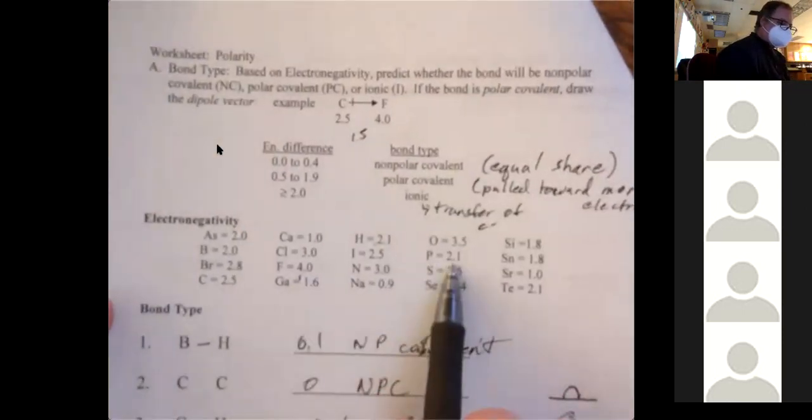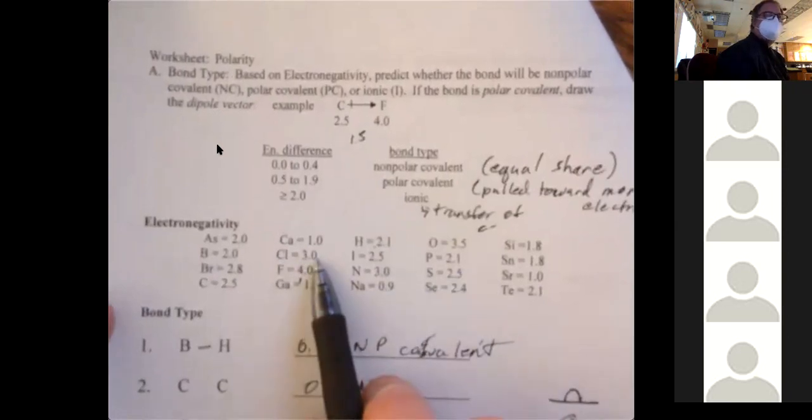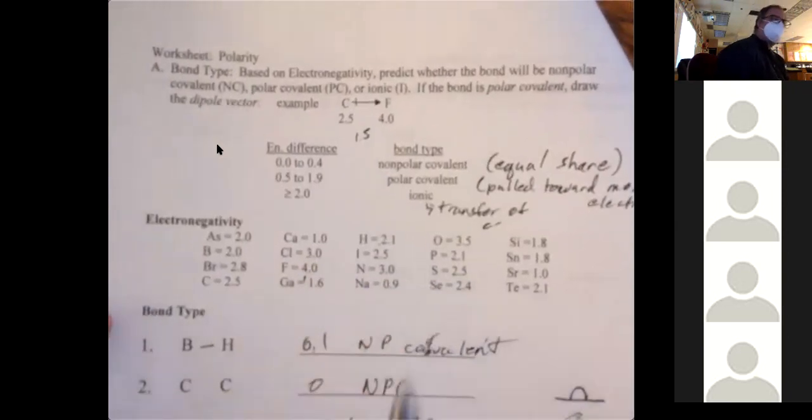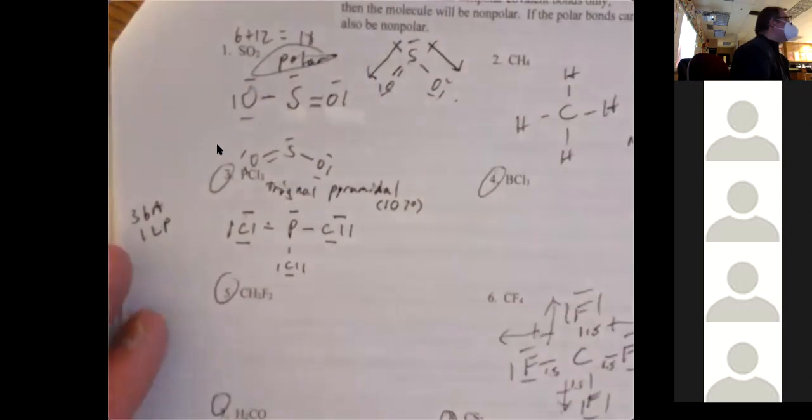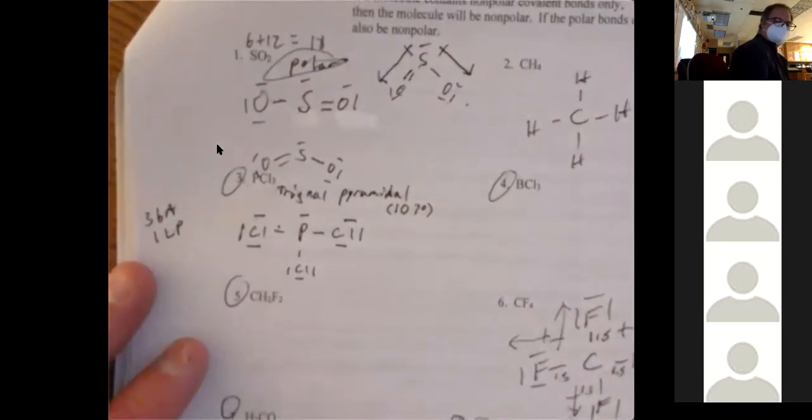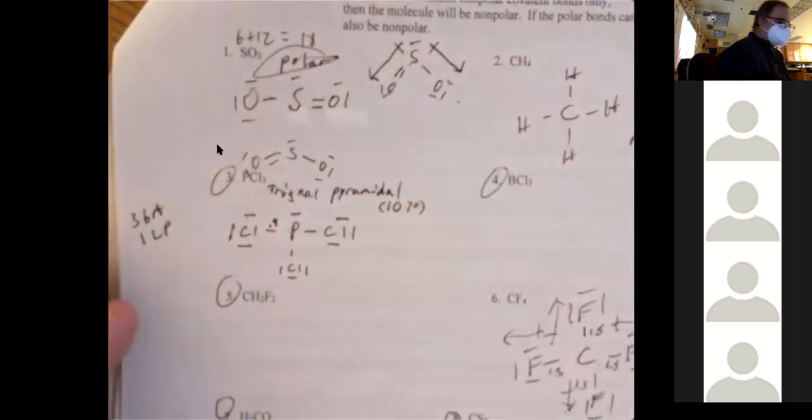So PCl, P is 2.1, Cl is 3.0. So what's the difference between 3 and 2.1? 3 minus 2.1. 0.9. Does that fall in our non-polar, polar, or ionic?